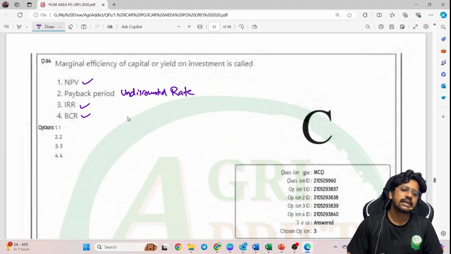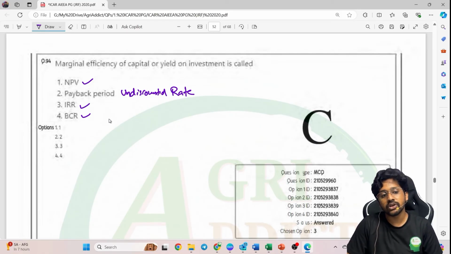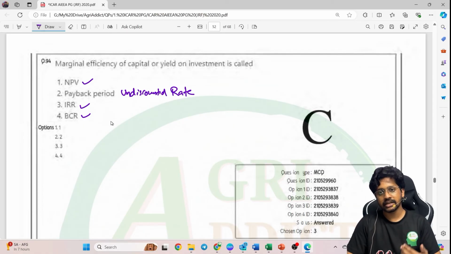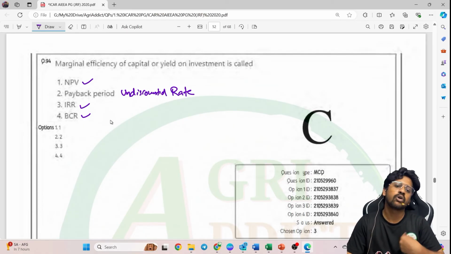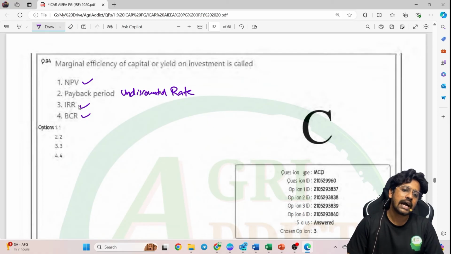So when compared to the NPV and BCR, internal rate of return will be giving you the additional returns, or the rate of returns on your investment, right? Therefore another terminology to express the concept of internal rate of return is the marginal efficiency of the capital or yield.